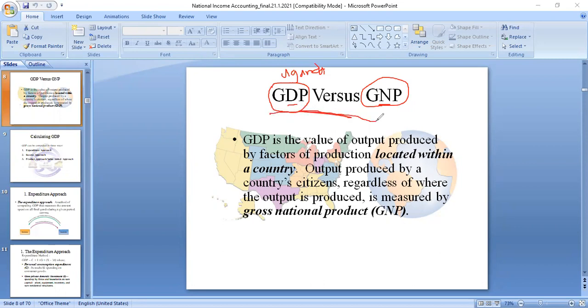And remember that we've seen that national income is the monetary value of final goods and services produced within a country, produced in an economy. National income is the monetary value of all final goods and services produced in an economy in a given period of time.